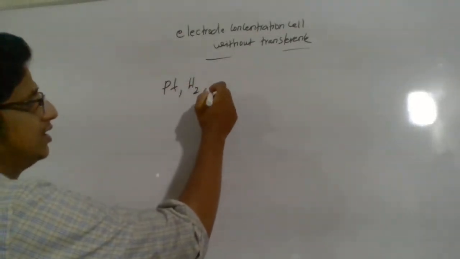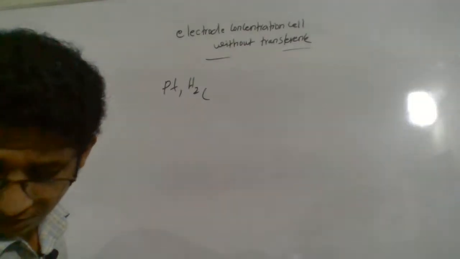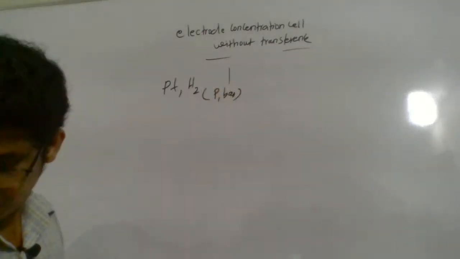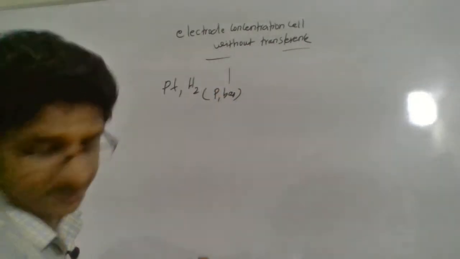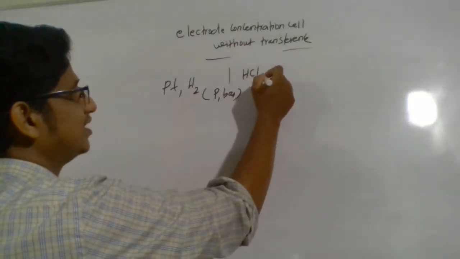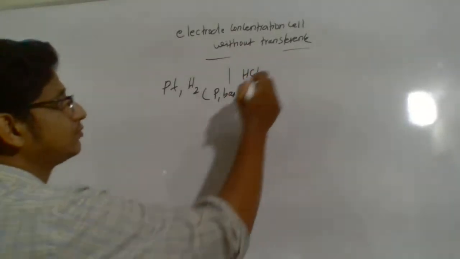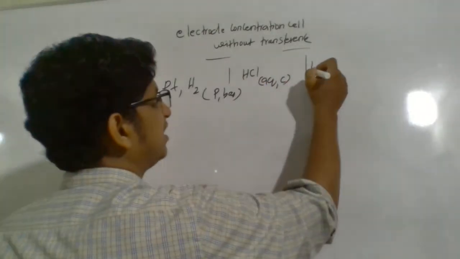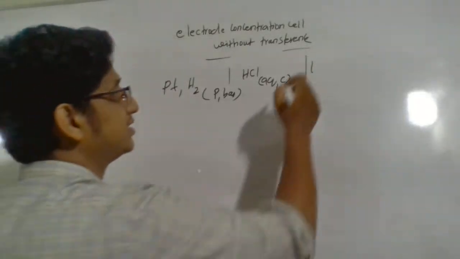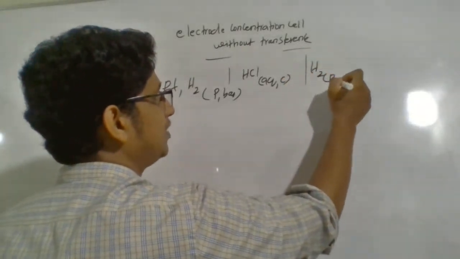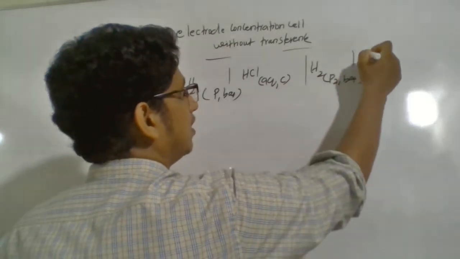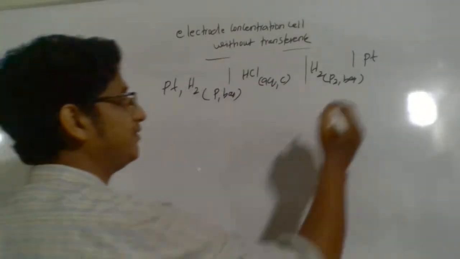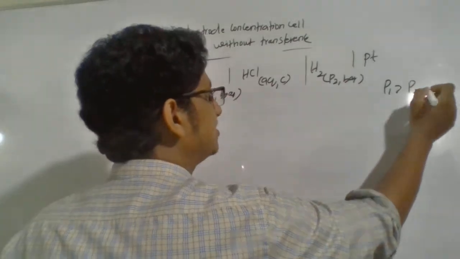So hydrogen at a pressure, let it be P1 bar, which is dipped in a common solution, that is HCl, having a concentration C, and another electrode, hydrogen gas at the pressure P2 bar, and another inert electrode is required. So here we are considering P1 is greater than P2.